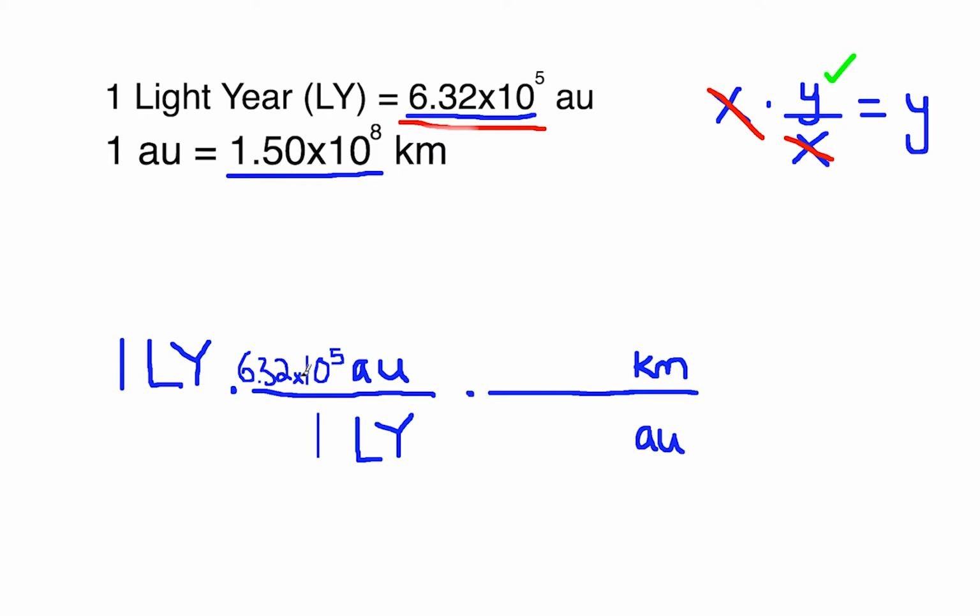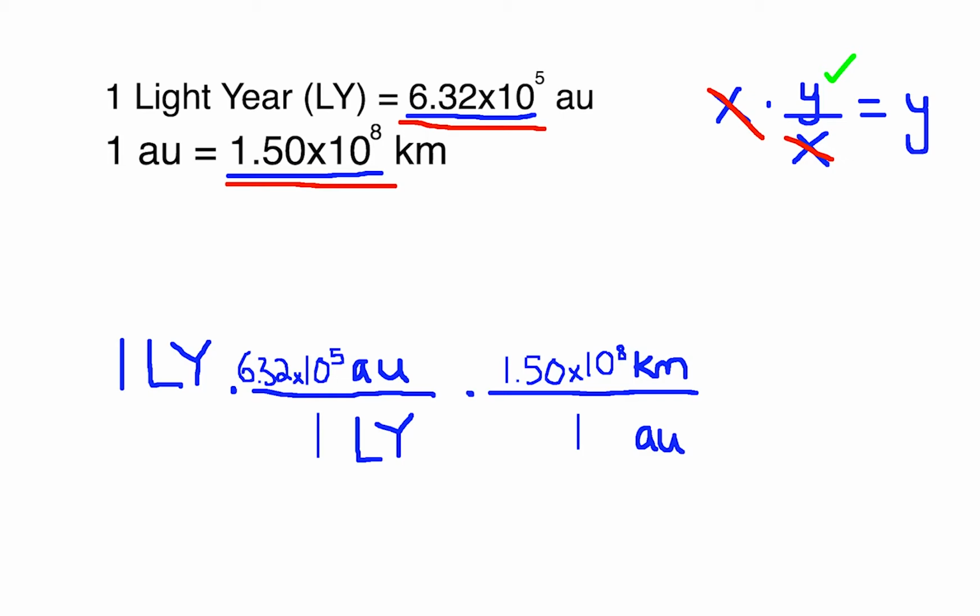Now we look for an equivalency between astronomical units and kilometers. We know that there are 1.50 times 10 to the 8 kilometers in 1 astronomical unit. So we can put that in our second fraction, like so. And since we know that these two things represent the same amount of distance, this fraction will also be equal to 1.